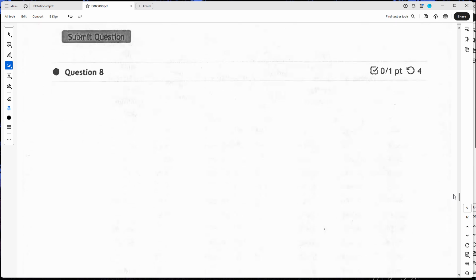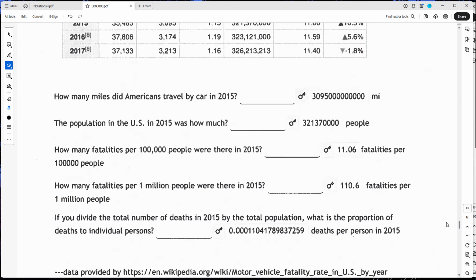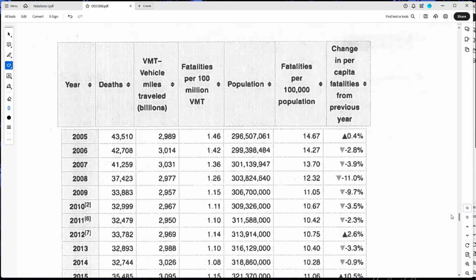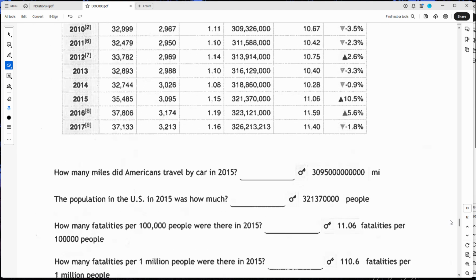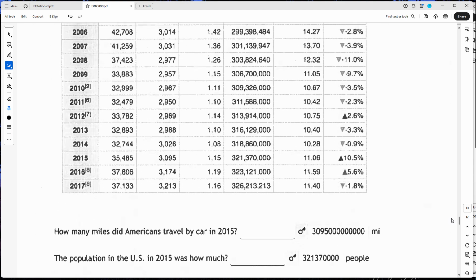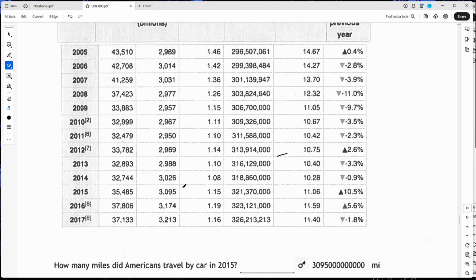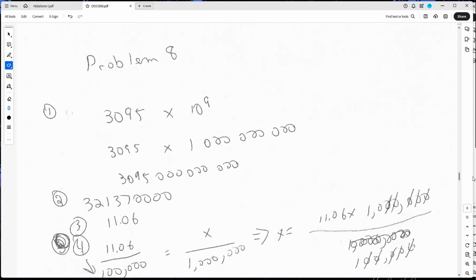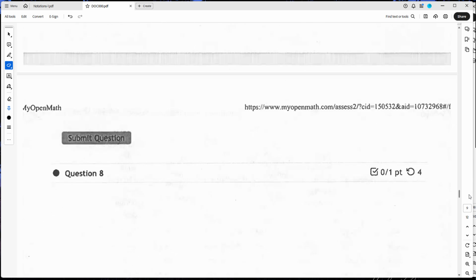Number 8. Another one like it. How many Americans travel by car in 2015? So that one there, 305 to 29.